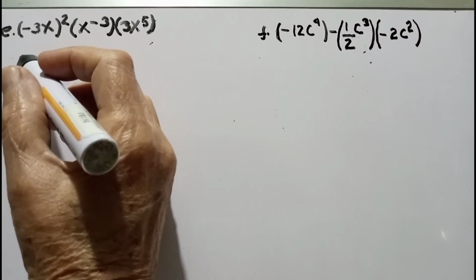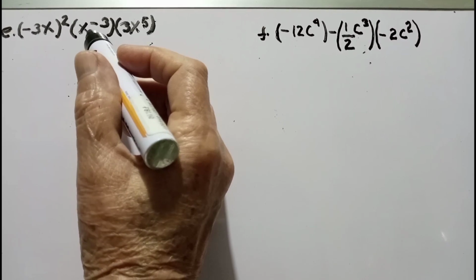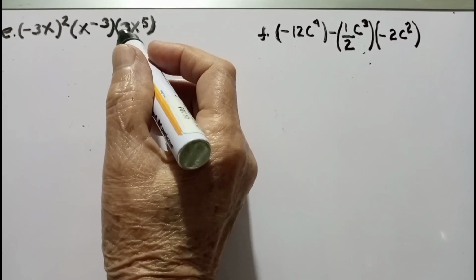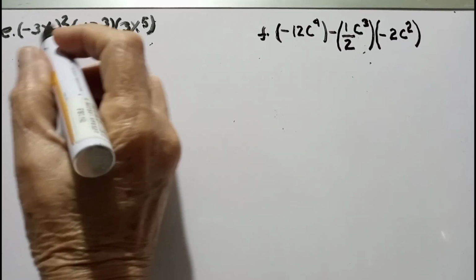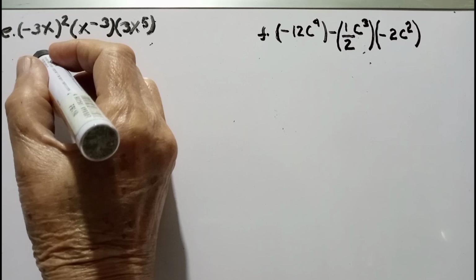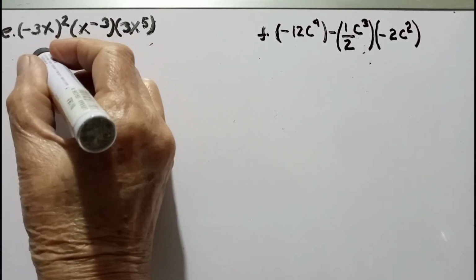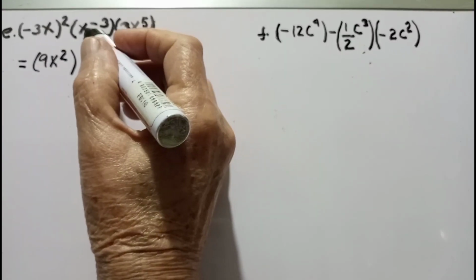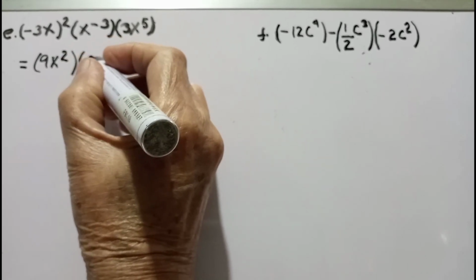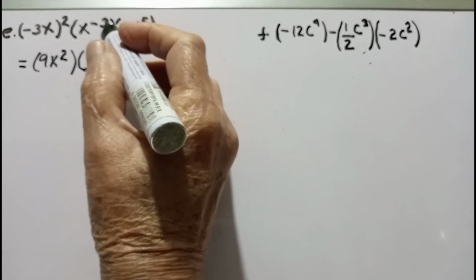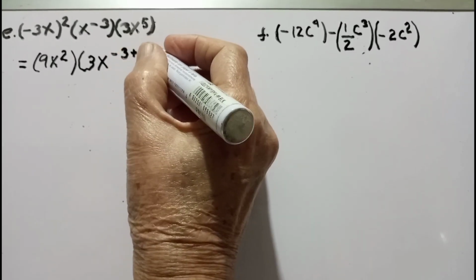We have negative 3x, quantity squared, times quantity x to the negative 3, times quantity 3x to the 5th. So this is now equal to negative 3x times negative 3x is 9x squared. Then x times 3x is 3x to the minus 3 plus 5.